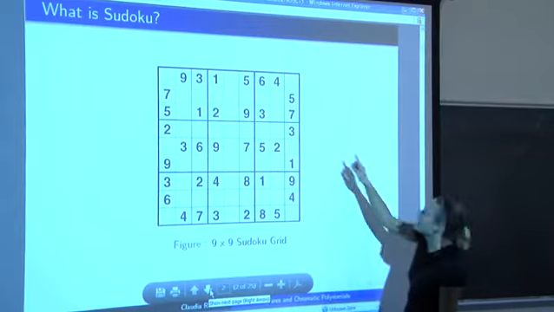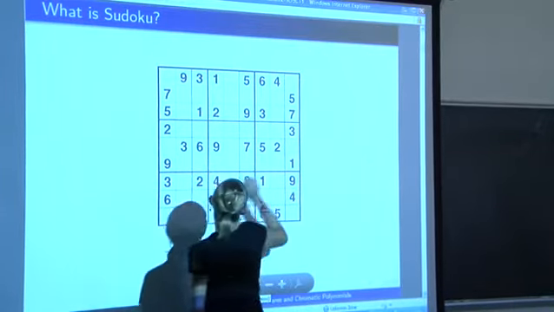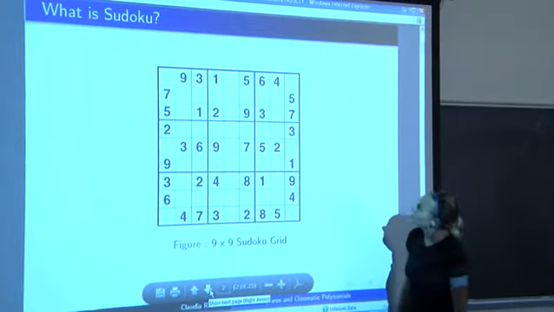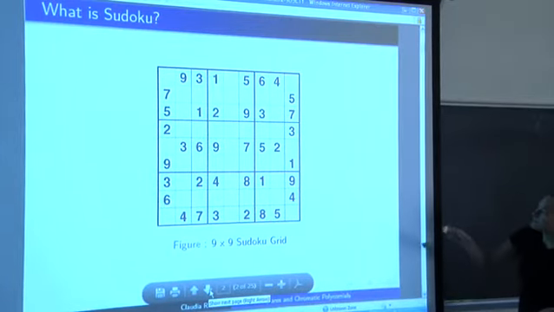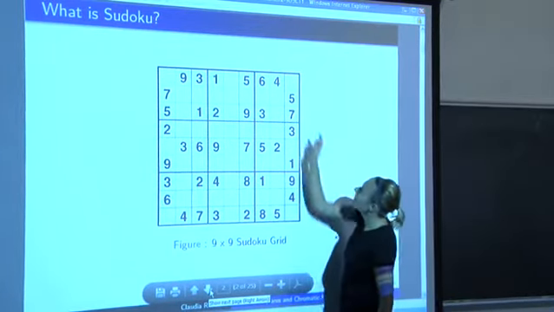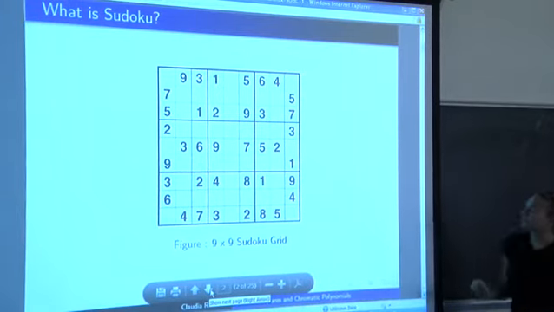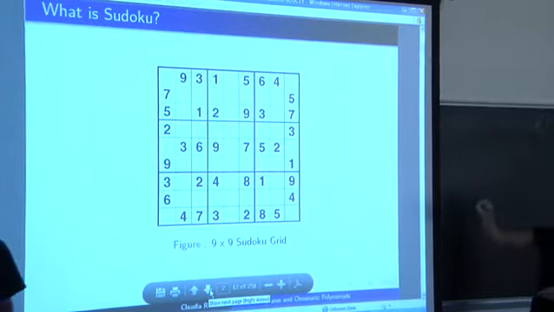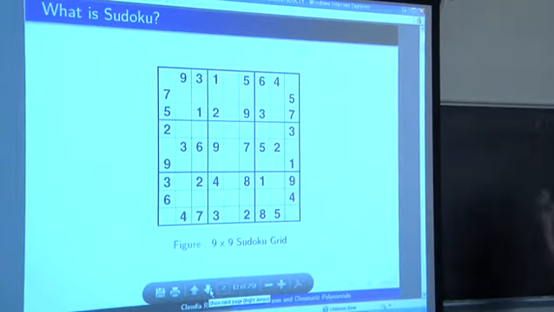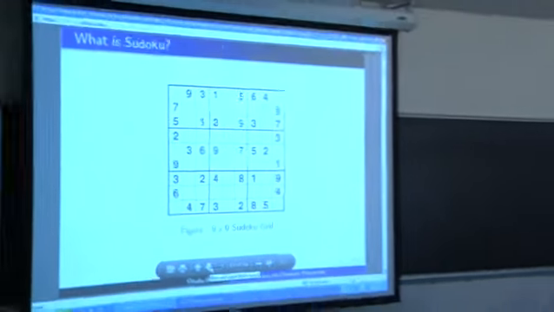We know we can't put it here or here because there's a 7 there and there. So you put a 7 in the middle, then you put the 2 here, and the 8 goes in the corner. Then you use the same process to fill in the columns and the subsquares. So that's what Sudoku is. Do you understand what it is? Okay, cool.